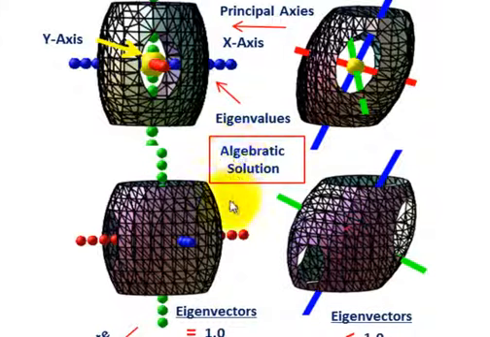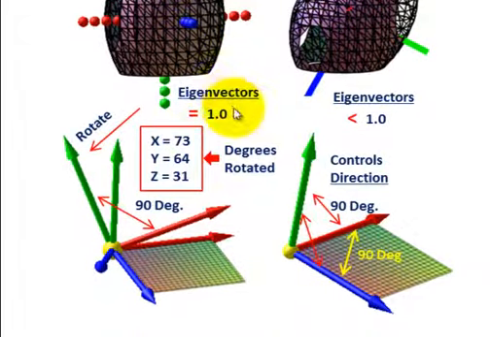But we are going to go through and do an algebraic solution to determine these eigenvectors and values. And then if we move down here to get an idea, these eigenvectors have a unit amount less than 1 for each of those axes. For the problem I'm looking at, the red and the blue ones are represented by that eigenplane, and they're 90 degrees apart, and also 90 degrees to our green eigenvector.